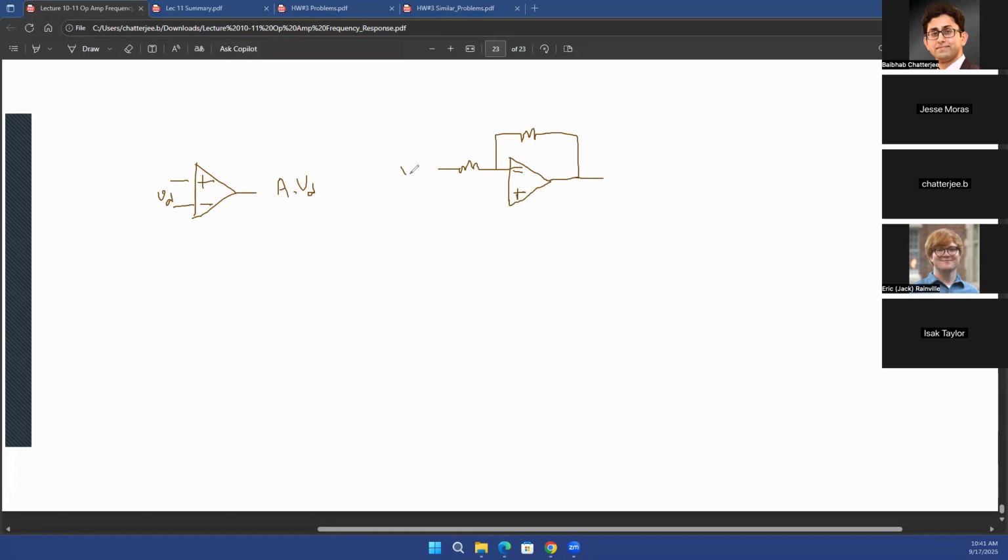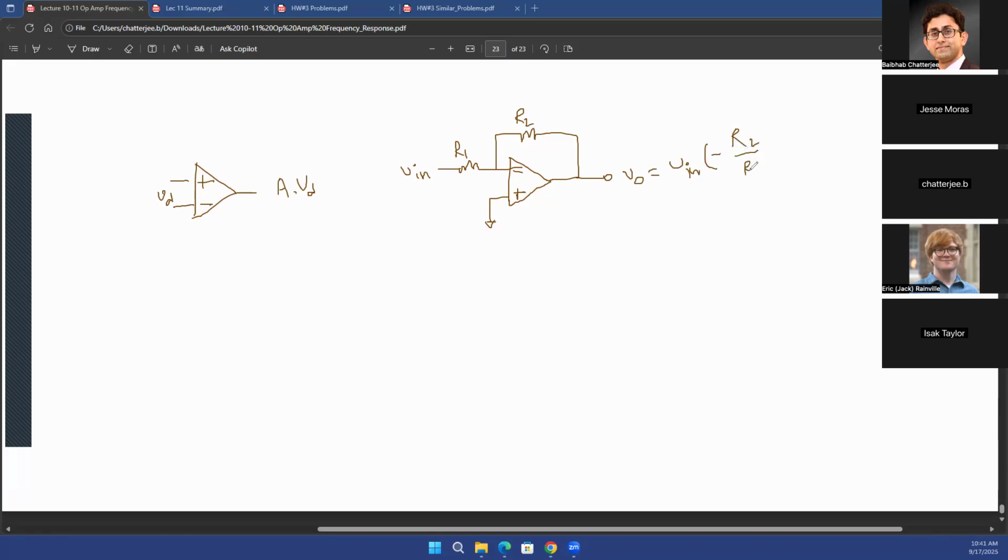So if your Vin is at this point, your non-inverting terminal is connected to an AC ground. And if this is R1, this is R2, we say that Vout will be equal to Vin multiplied with the gain. And in this case, the gain is minus R2 over R1, right? That's what you have learned earlier.